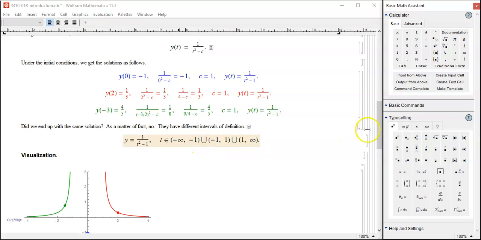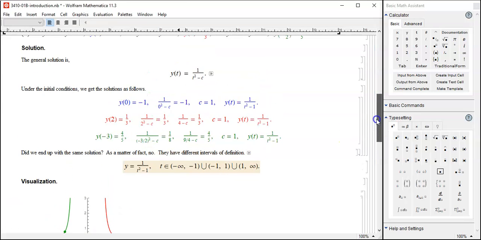We have two singularities, negative 1 and positive 1. That's where denominator is 0. Therefore, we have 3 intervals. These two singularities divide the number line in 3 pieces.